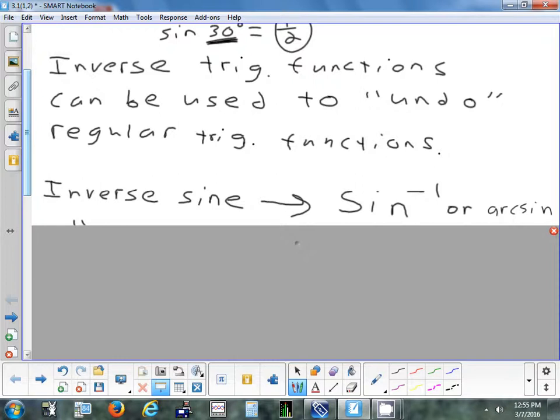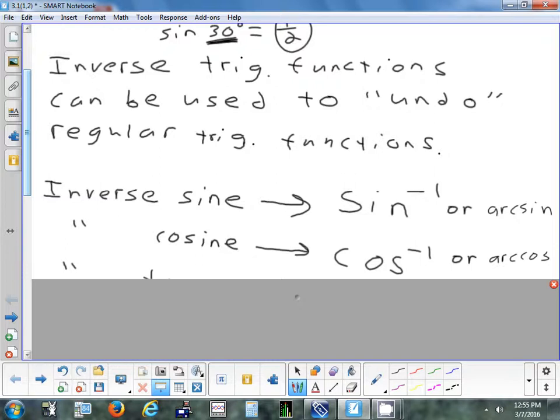Okay, some textbooks, especially older textbooks, write it a little differently. They write arc sine. Okay, arc sine just means inverse sine. It's an older way of writing it. I think our book mentions it, but we're going to stick with this notation. Okay, sine to the -1. Okay, and I'll show you how you do it on your calculator.